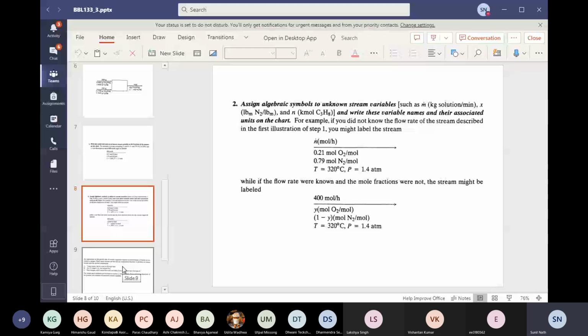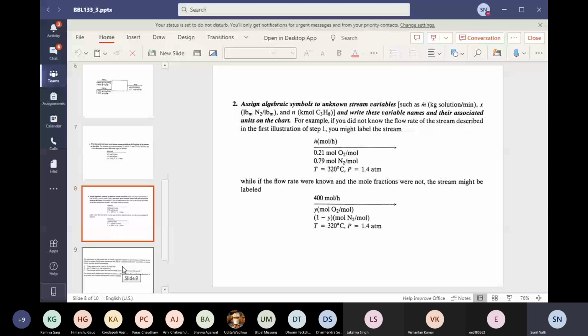I generally reserve small x for a mass or mole fraction. But here, when you say pounds of nitrogen per pound of what? Is it per pound of all the gases that are there? Suppose it is nitrogen plus oxygen, or is it per pound of oxygen? Is it per pound of air? What is it?